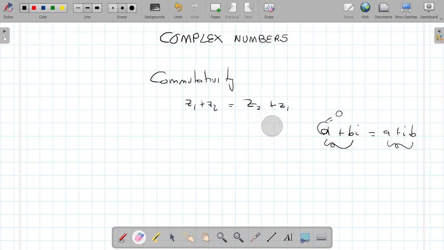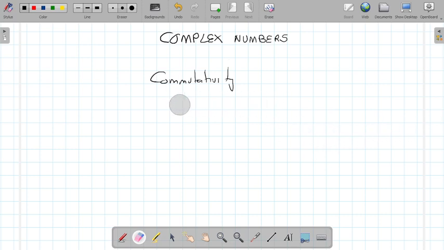Another thing is the identity element. So what is an identity element? An identity element is an element which, if added to something, you're going to get back that same thing. In the context of complex numbers, we want to look for an element in the set of complex numbers such that if that element is added to another complex number, we get back that same complex number.